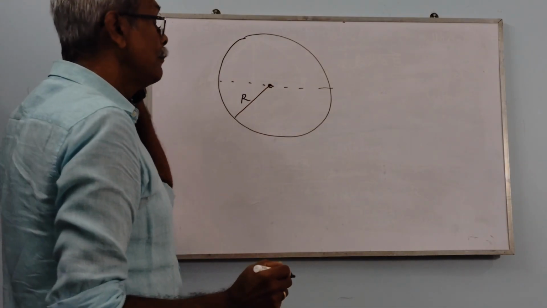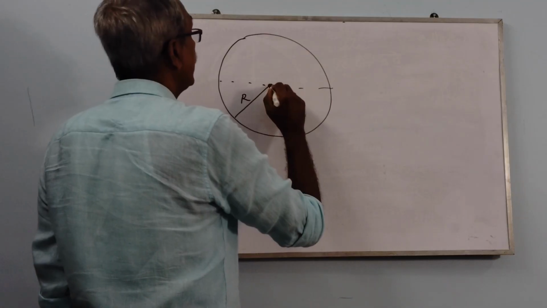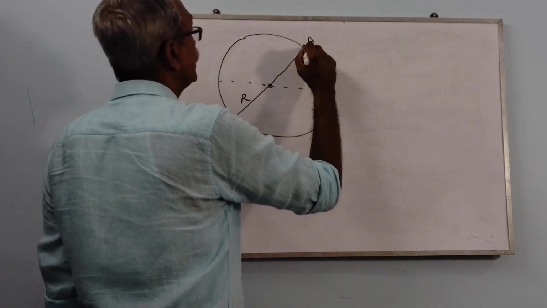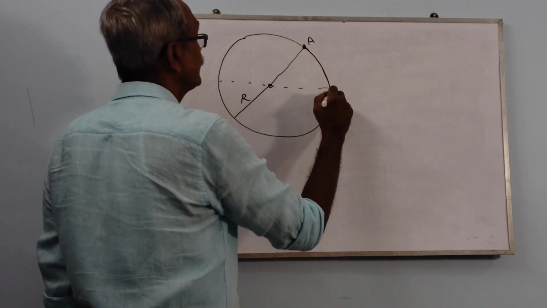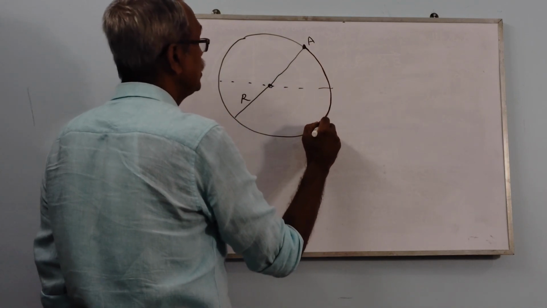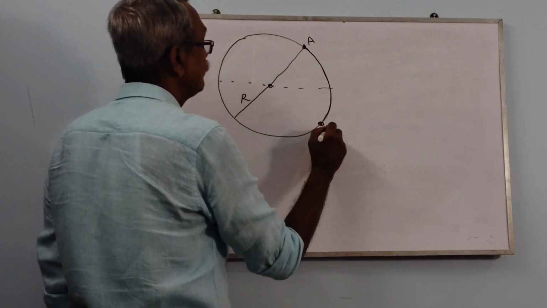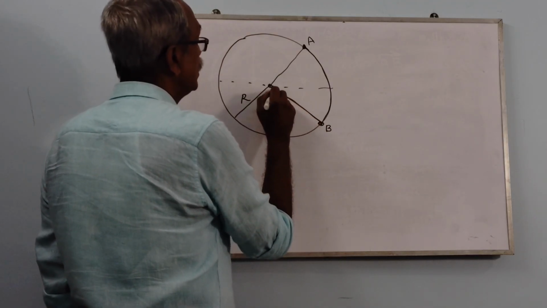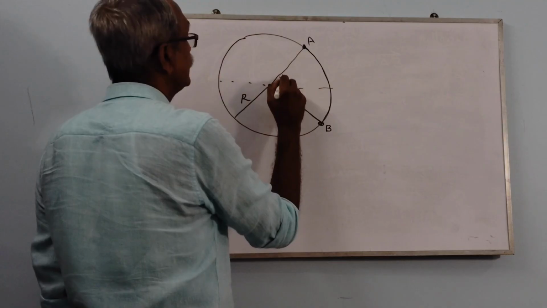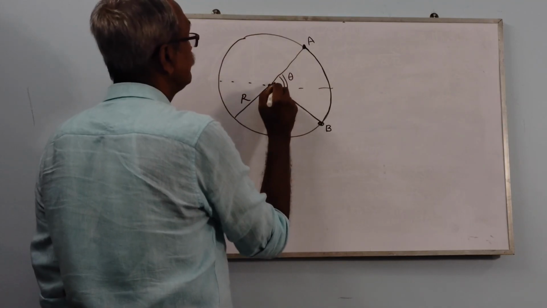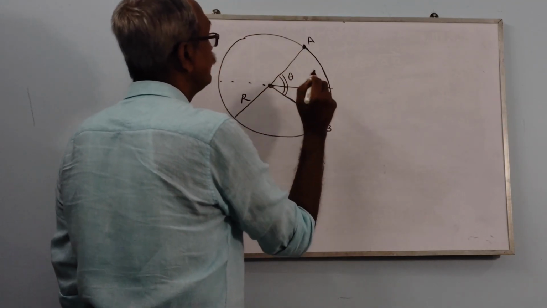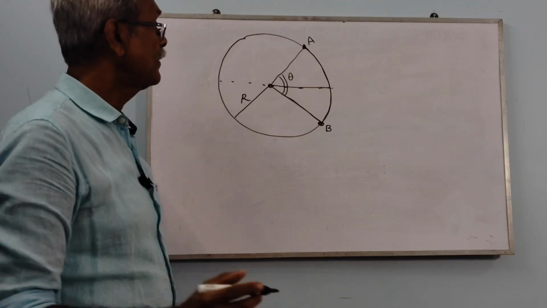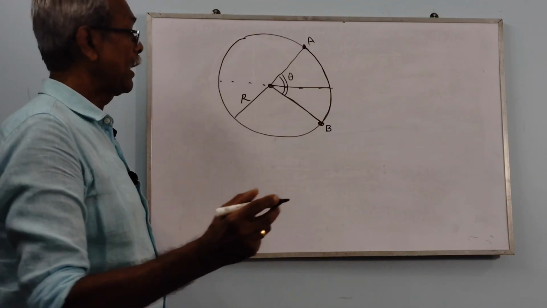The particle starts from a point A here and reaches another point B here, and this angle is given to be theta. You are asked to calculate the distance as well as displacement.